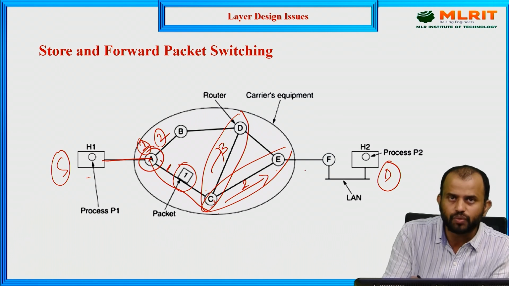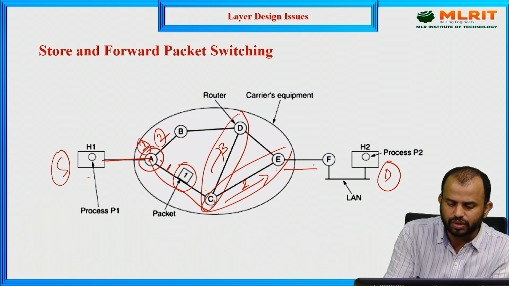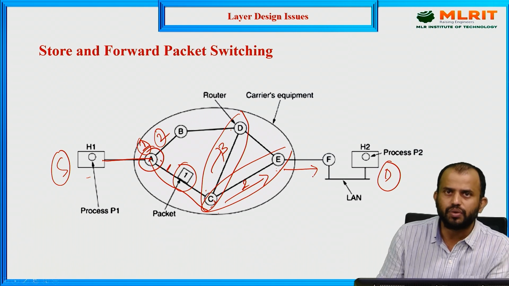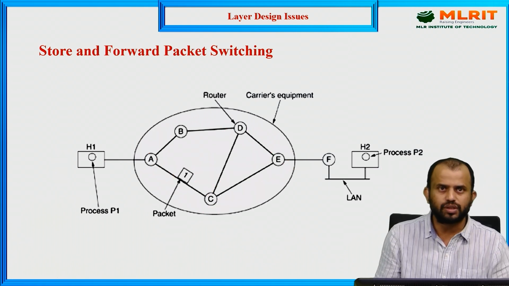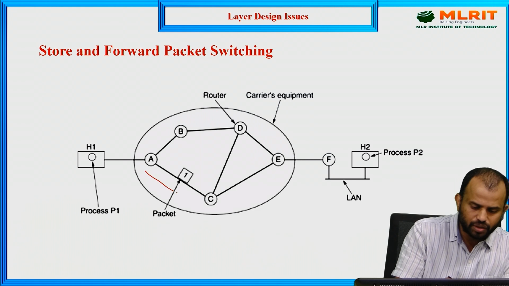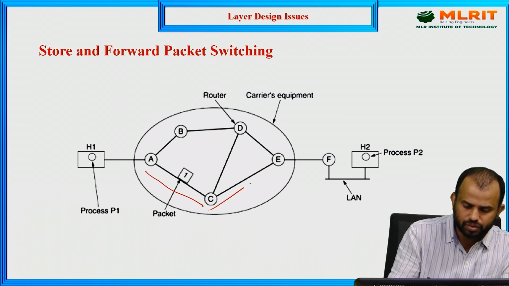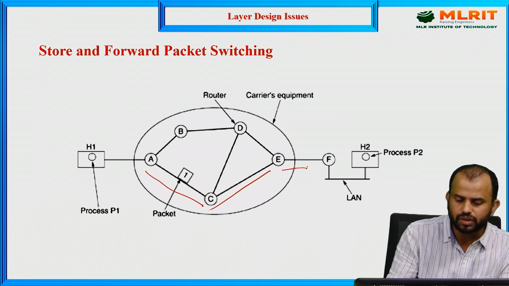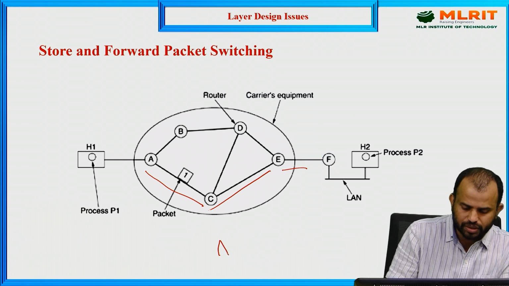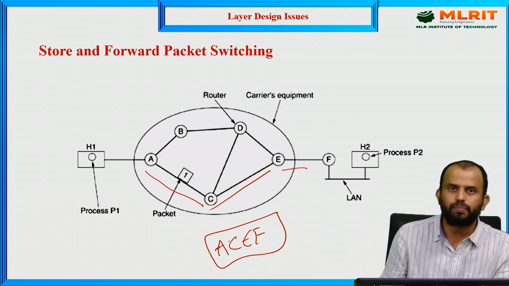Similarly, we have only one direction from E, which is E to F. So here we choose A to C, next C to E, and next E to F. The forward direction is A, C, E and F. This is the shortest path.